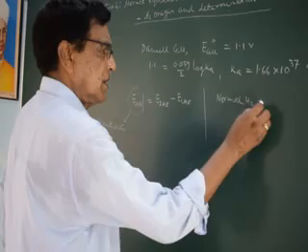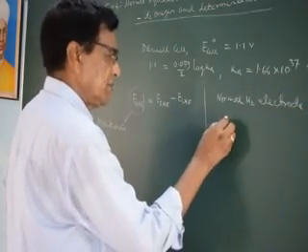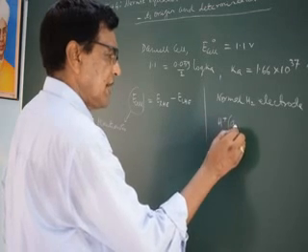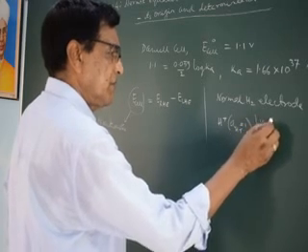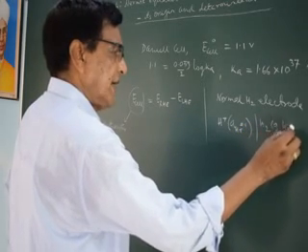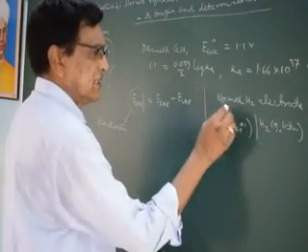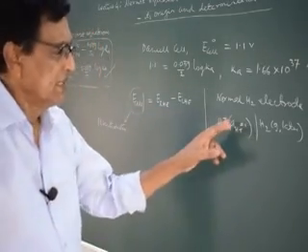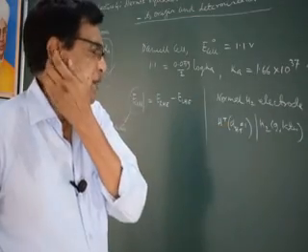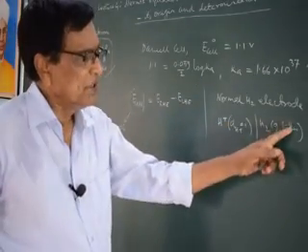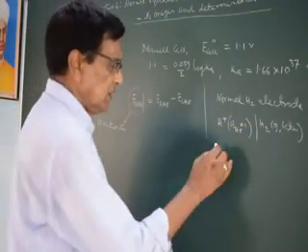hydrogen electrode, and it is written as H plus, with the activity of the hydrogen ion equal to 1, and hydrogen gas passed at 1 atmosphere. This is the standard hydrogen electrode, as here the activity equals 1, and the activity of the gas is equal to its pressure in atmosphere units. So the activity of this hydrogen gas is also 1.